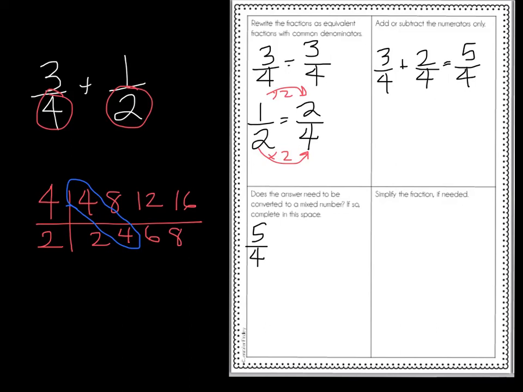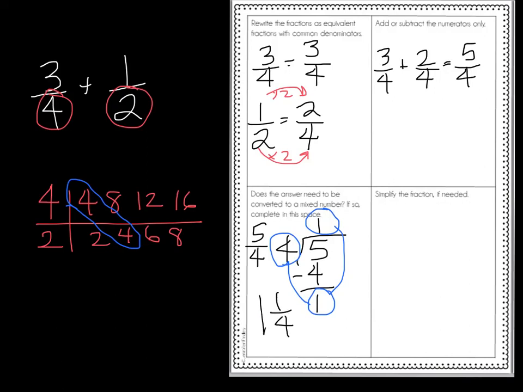Now, since every fraction is a division problem, I can rewrite this as 5 divided by 4. Now I know that 4 goes into 5 one time, and 1 times 4 is 4. When I subtract, I have 1 left over. So my answer is going to be 1 whole and 1/4. 1 and 1/4.